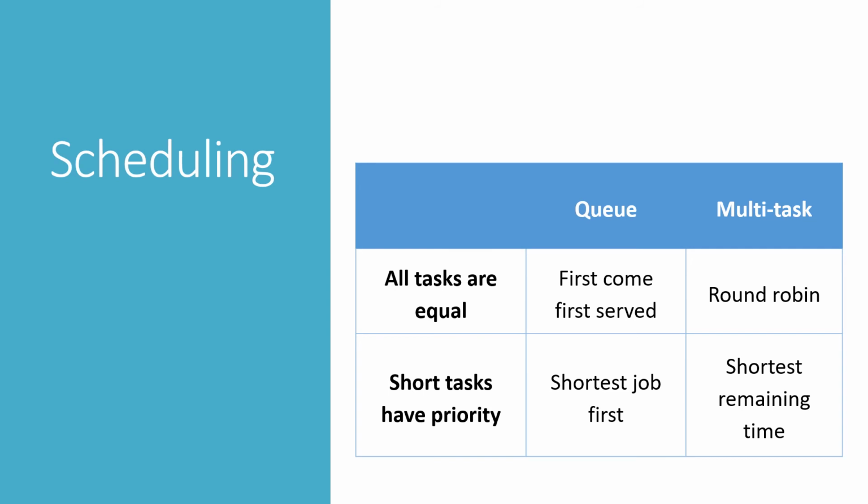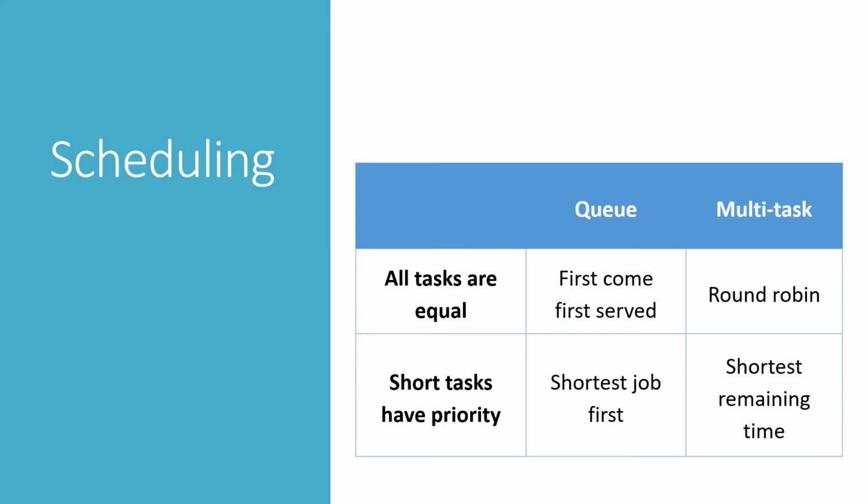But if a person is working with that computer, you'd probably use multitasking, because then the computer will be apparently working on all the different tasks at once, and that's much more how we want to work. So some of the scheduling methods use a queue and some use multitasking.